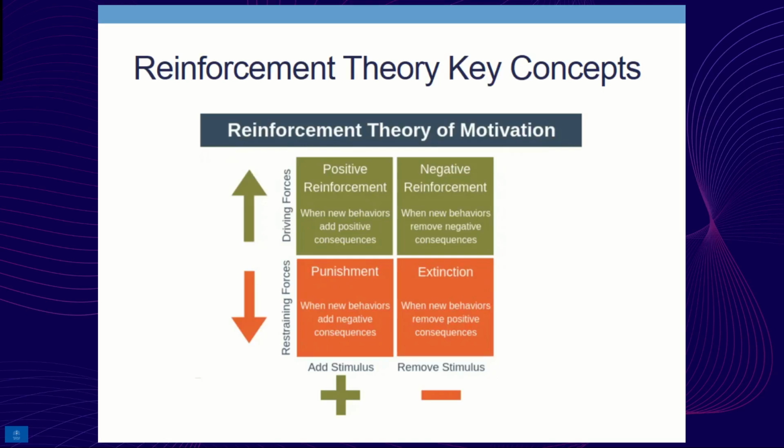It should be noted that the more spontaneous the reward, the more positive reinforcement occurs. For example, if an employee is expecting praise and they then receive praise, it will not have as great an impact as if the praise came out of the blue.